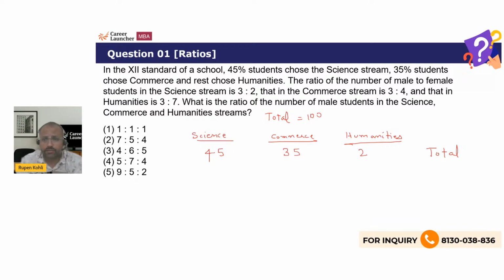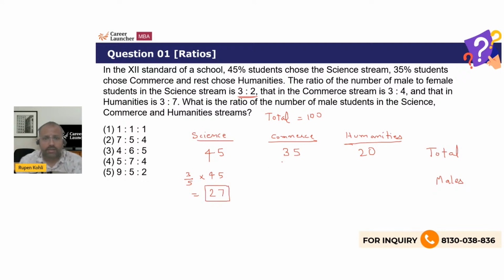The balance of 20 students go to humanities. Now we can find the number of males and then the ratio. So 3:2 is the ratio of male to female. So can I say 3/5 of the total is males? 3:2, so out of 3 plus 2, 5, 3 are males. So 3/5 of 45 is the number of males, which is 27.